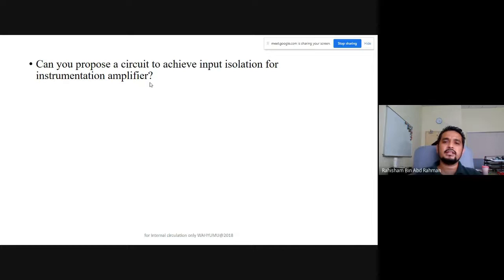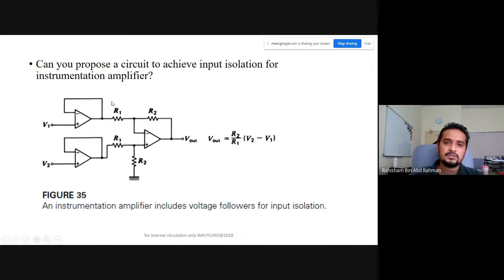So in this case, we may need the isolation circuit, and the second one we need the amplifier circuit. So there are two circuits that we need to use. So what we can do is we introduce the isolation circuit and the amplifier circuit. Combine these two, that will give us a certain configuration that will serve as isolation and amplify the signal that we have.